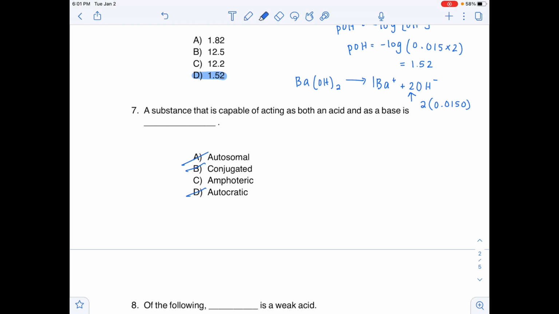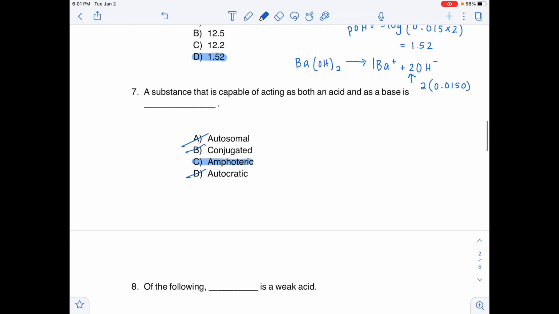And we can get rid of autocratic, and that just leaves amphoteric as the correct answer. And this is something that you just have to know the definition of to answer this question. Like, it's a fact-based question. So if you don't know the definition of amphoteric, it's probably going to be harder to answer, but you can always use process of elimination.